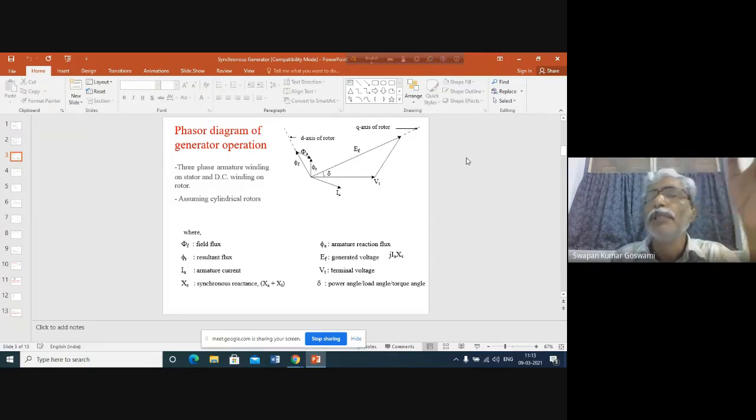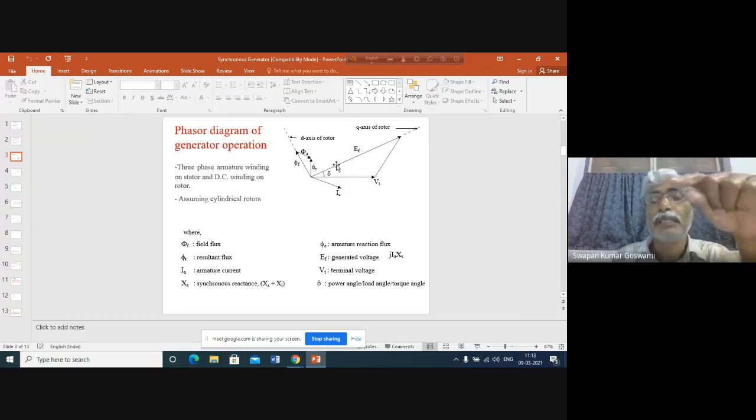If somehow you can increase the speed of the generator momentarily, then what will happen? In that case, the generator rotor will rotate at somewhat higher speed with respect to the synchronous speed. Vt is rotating at synchronous speed, therefore delta will increase.